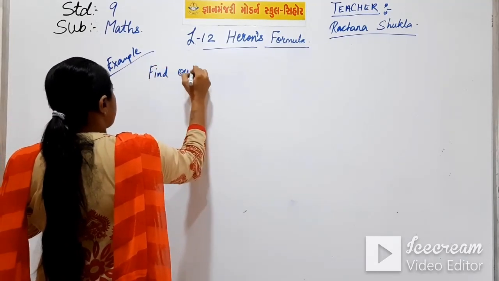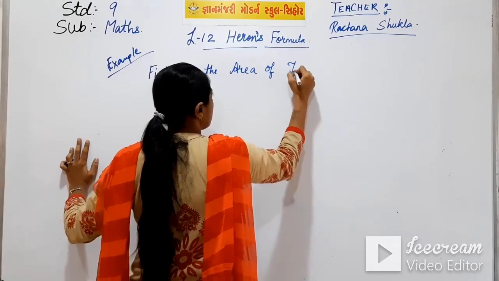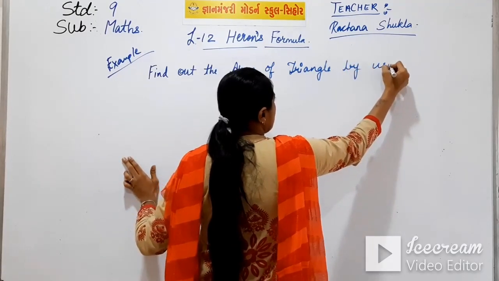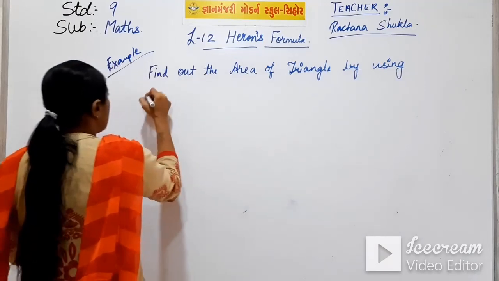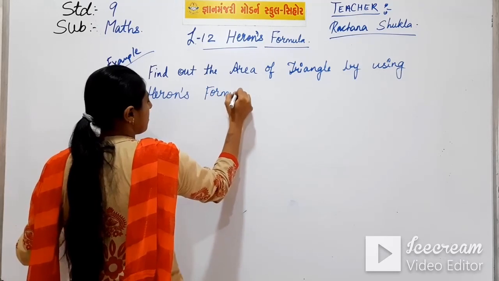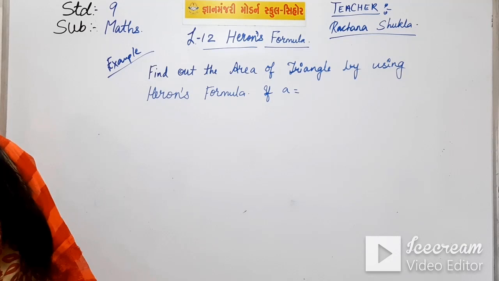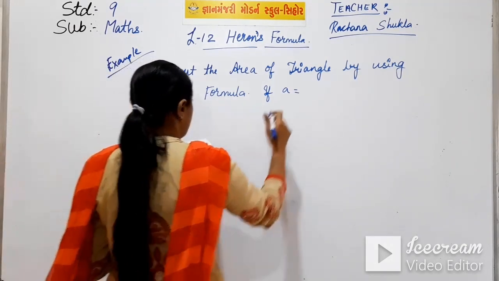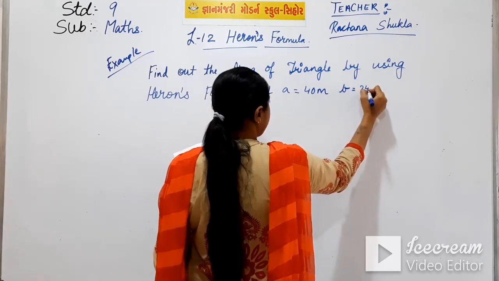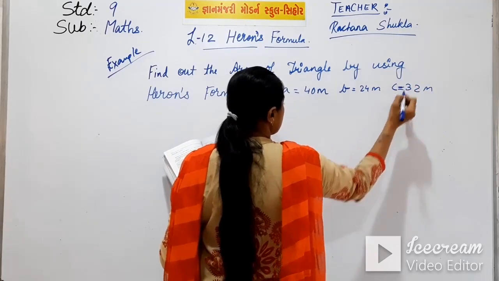Find out the area of triangle by using Heron's formula, if A equal to 40 meter, B equal to 24 meter and C equal to 32 meter.